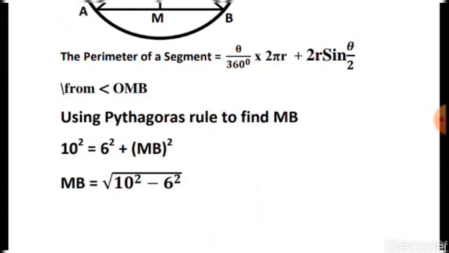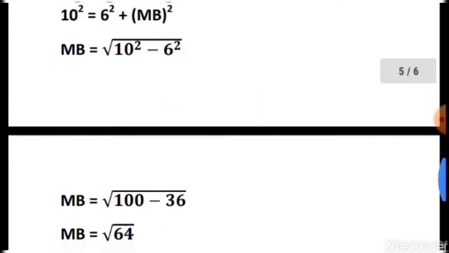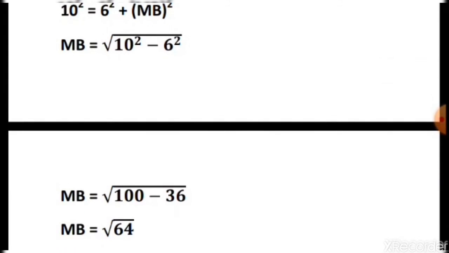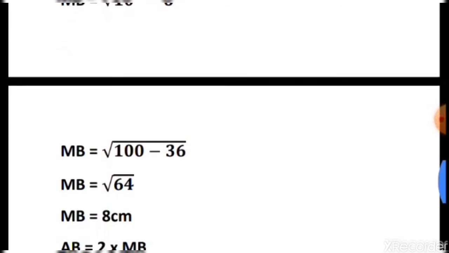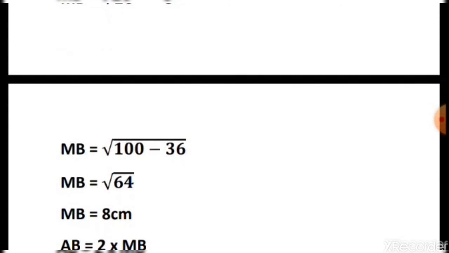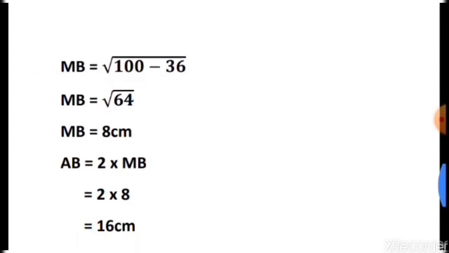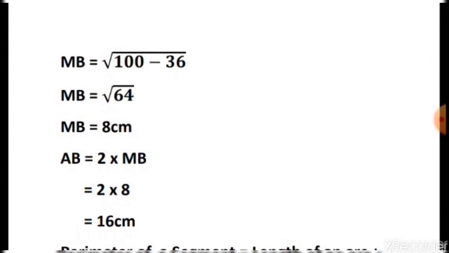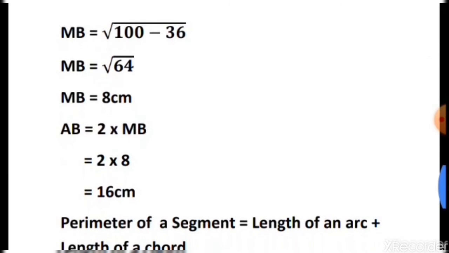So when you rearrange, our MB will be equal to square root of 10 square minus 6 square, which invariably will be square root of 100 minus 36, and that will give us square root of 64, which is 8 centimeter. So our MB is 8 centimeter, therefore AB will be 2 multiplied by MB. Now that we have known our MB to be 8, 2 multiplied by 8 will give us 16 centimeter.